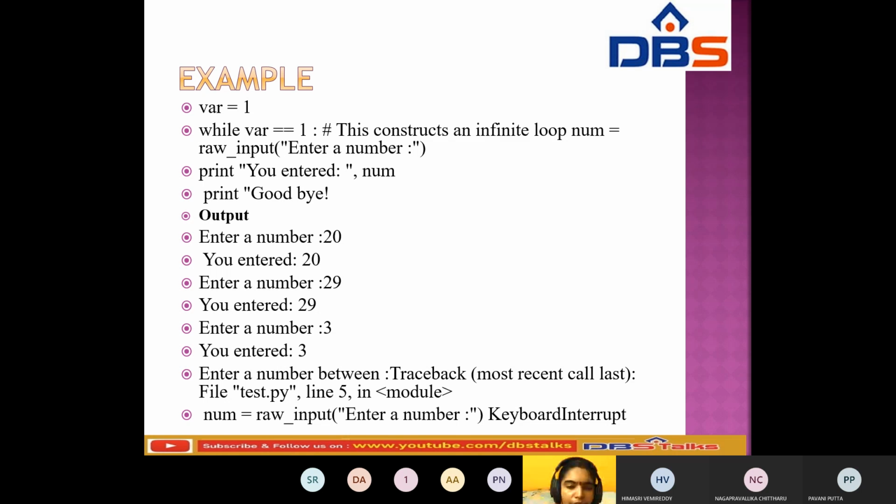Here, var equal to 1 means variable equal to 1. Already we gave this variable the value 1 and stored it. While var == 1, then num equal to raw_input, "Enter a number".